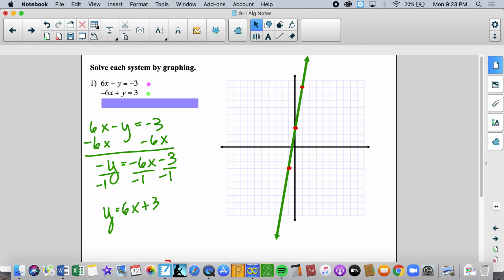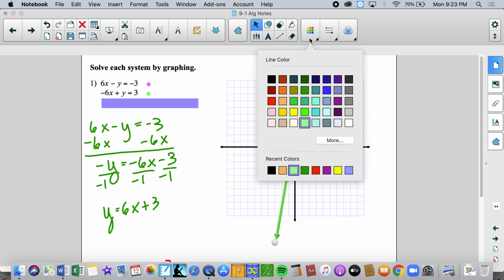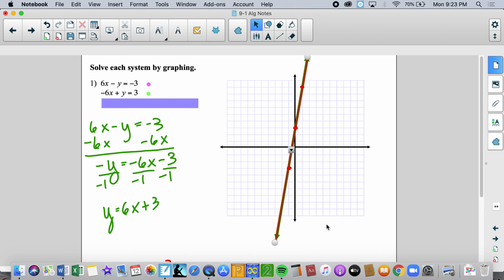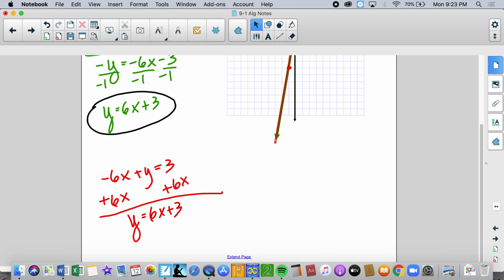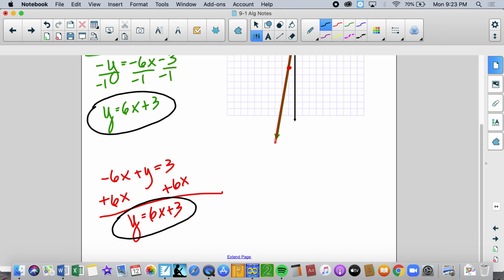And what do we notice? It's right on top of each other. They coincide. There's that line. But we see that the lines lie on top of each other because if we look at the equations, you have y equals 6x plus 3, and you have y equals 6x plus 3.